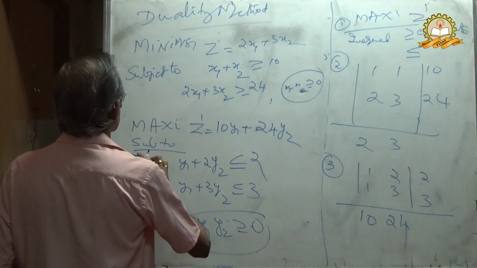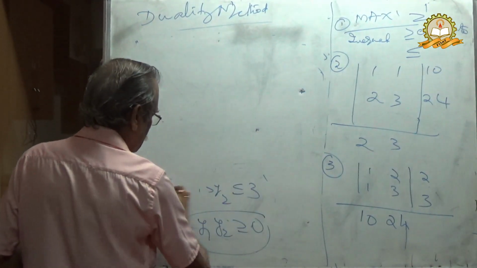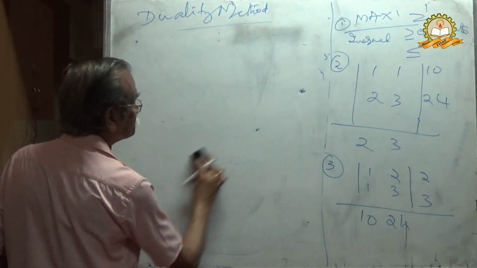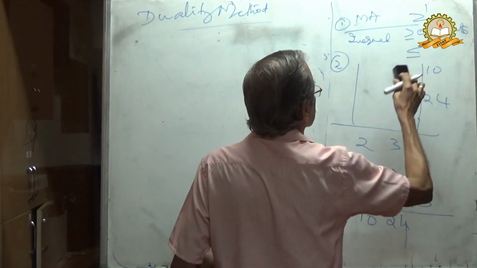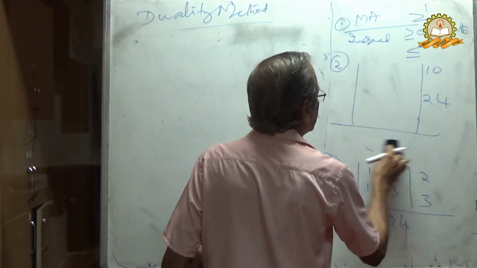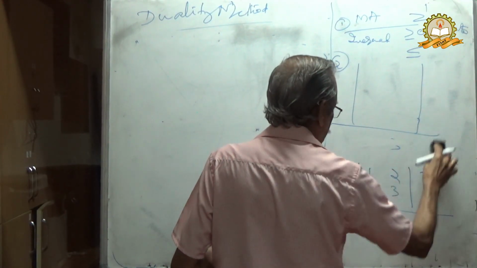Then the next question, a question of 2019. Write the dual of the following problem.